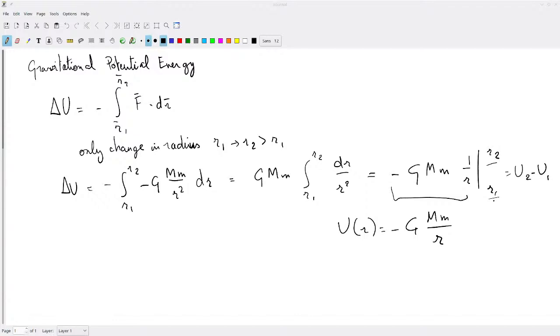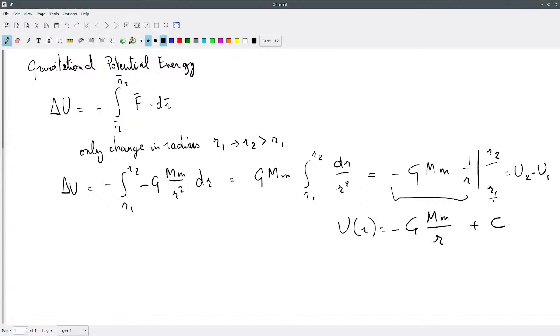Notice, by the way, that we could add a constant here. Again, this points out that potential energy doesn't have an absolute scale. We could shift it to higher or lower values, but we don't add any constant here, such that the reference point for potential energy is at very large distances, where the potential energy goes to zero.